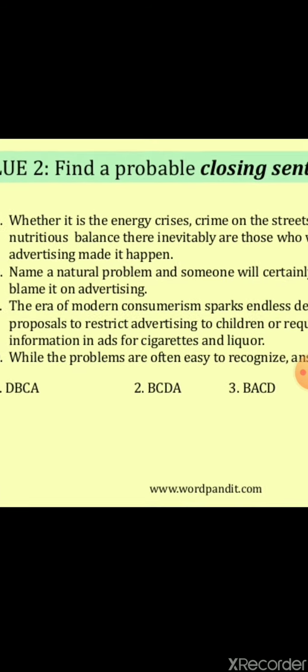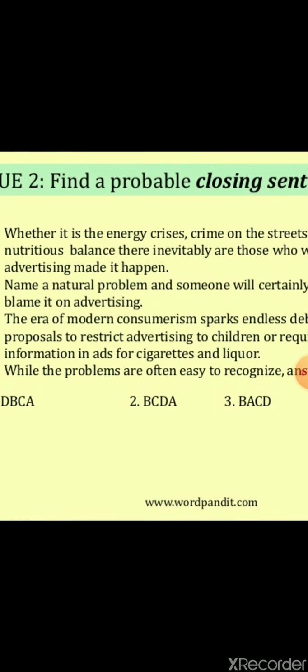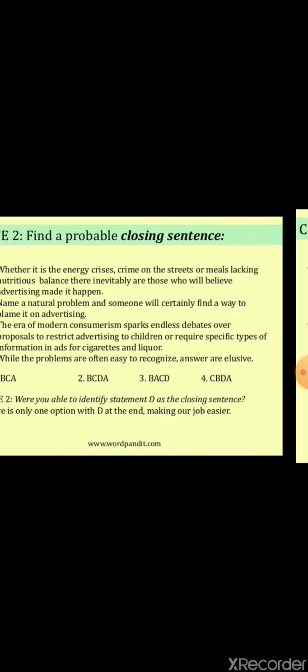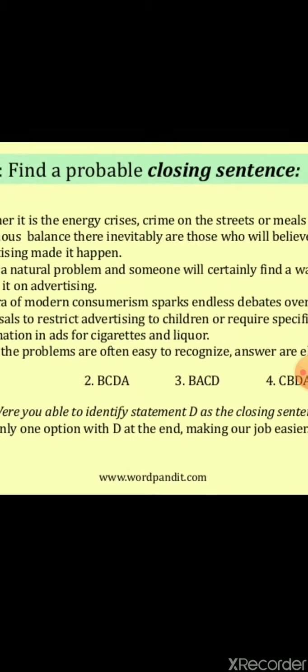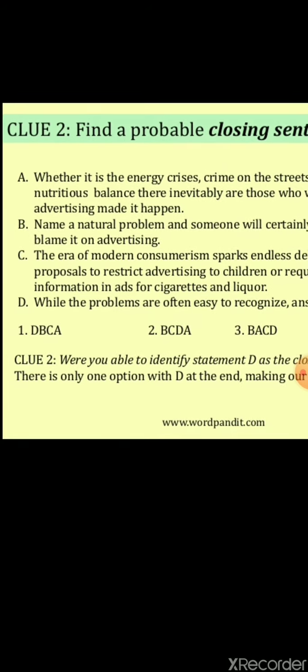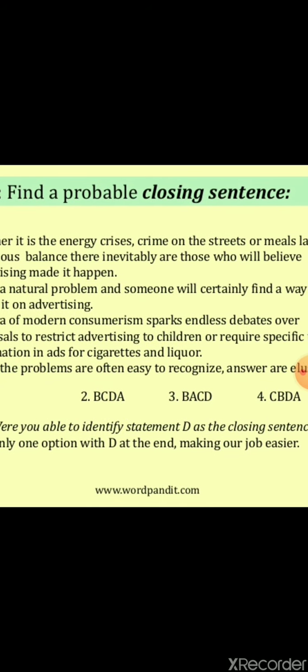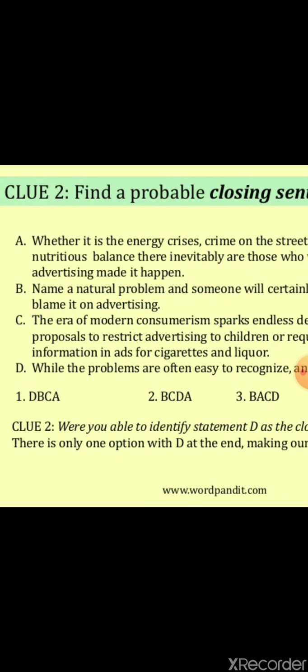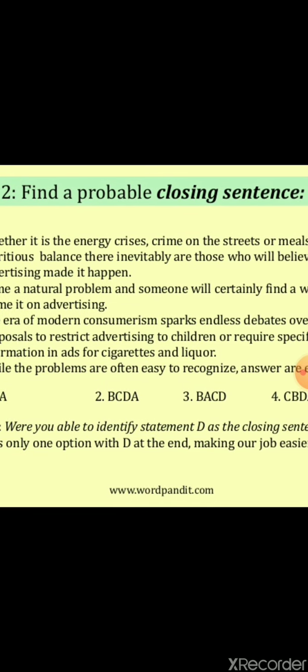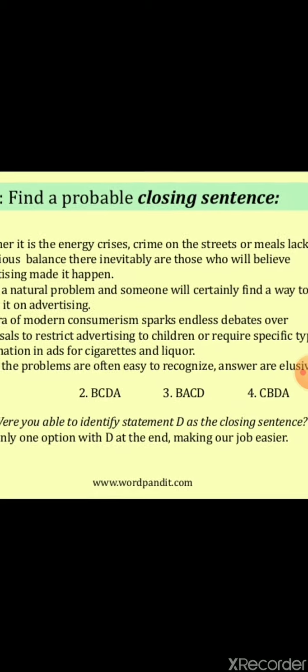First, I have just separated out the opening sentence. We are talking about the closing sentence. Were you able to identify statement D as the closing sentence? There is only one option with D at the end, making our job easier.